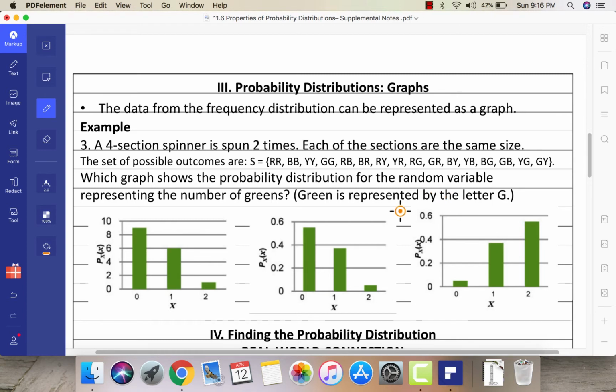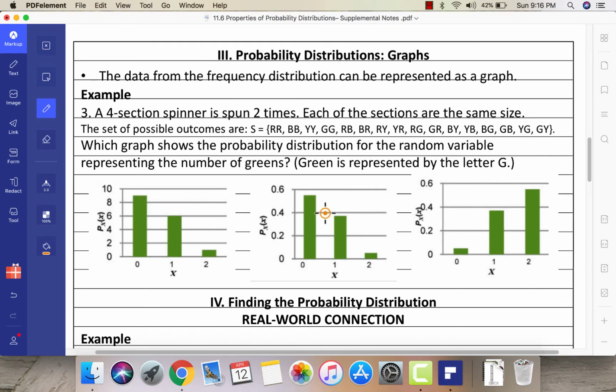Okay, so how many times was green? 0 times. And this is a frequency, so we have to do our frequencies. We don't have green here, so that's 1, 2, 3, 4, 5, 6, 7, 8, 9, 9 times.